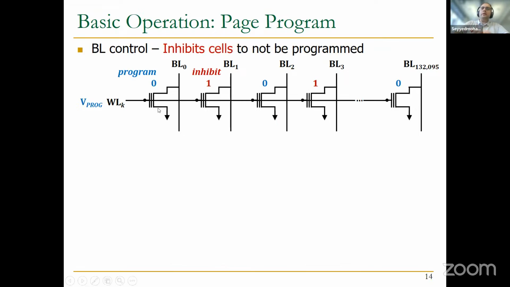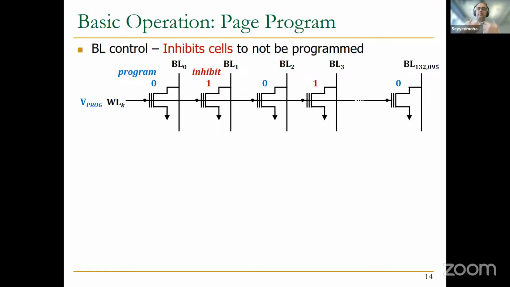Another important thing to know here is that you have this bit line control. You can inhibit some cells from being programmed. So how can we do that? For simplicity, for now, consider that we want to write SLC. Some cells are going to have 0, some cells 1. Based on the encoding that we were talking about, those cells that we don't program, which means they are erased, we will consider as 1.